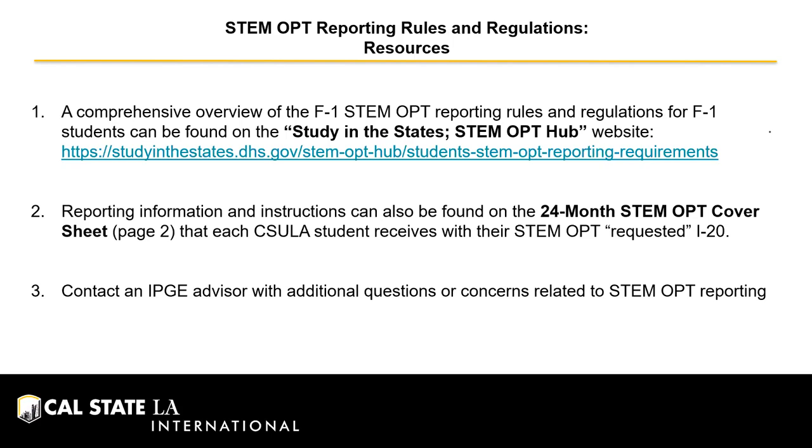Second point here is reporting information and instructions can also be found on the 24-month STEM OPT cover sheet that was provided to you at the start, well, actually prior to your STEM OPT period.